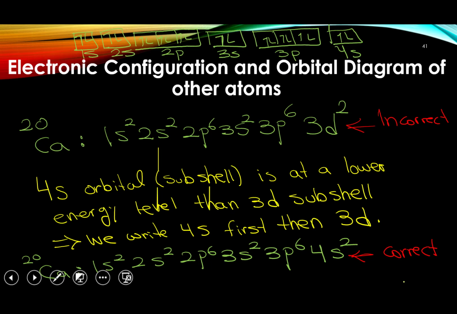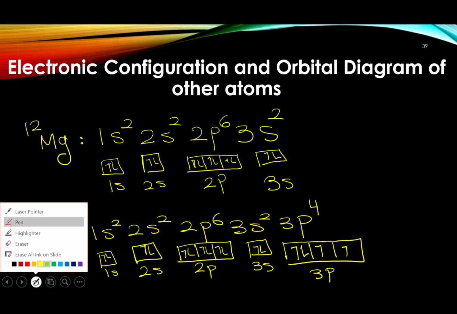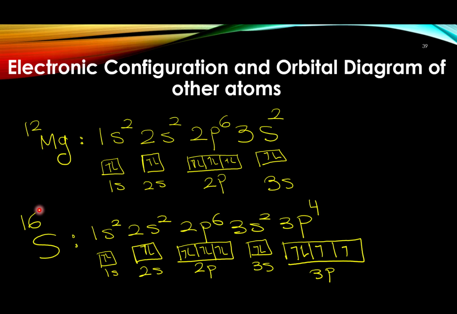Now, let me go back. Look here at the electronic configuration for magnesium and for sulfur, and look at your periodic table. Magnesium is a metal, right?